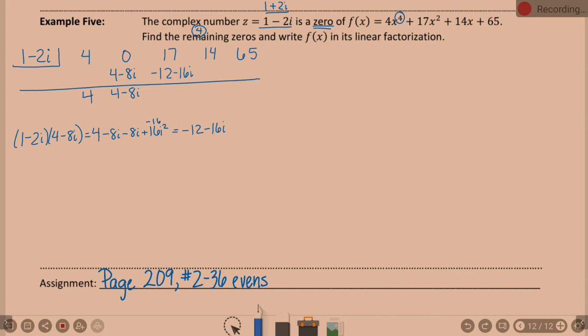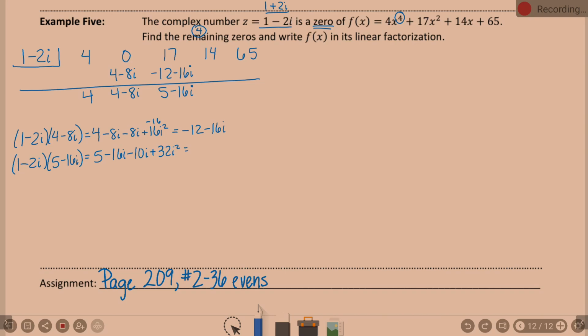Now we add. 17 plus negative 12 is 5 minus 16i. Now we FOIL. So now I'm FOILing 1 minus 2i times 5 minus 16i. 5, minus 16i, minus 10i, plus 32i squared. 32i squared is minus 32.